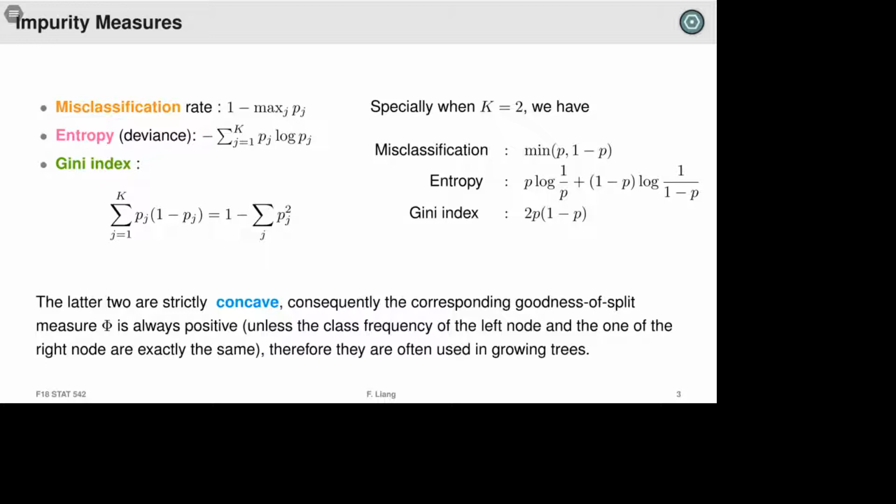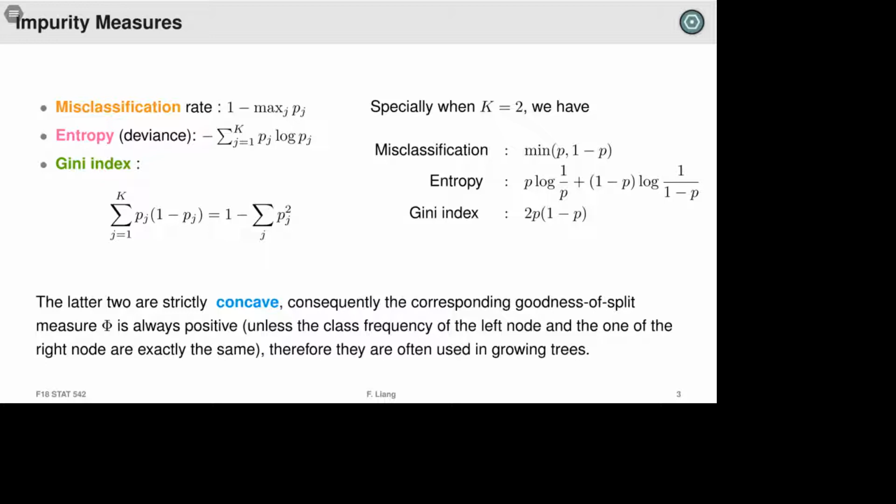Good. And it might be easier just to focus on the case where K is equal to 2. So the misclassification rate will be the minimum of P or 1 minus P, which is the same as 1 minus the maximum of the two numbers. Another impurity measure is called entropy. So entropy for two classes will be P times log of 1 over P, plus the other term.